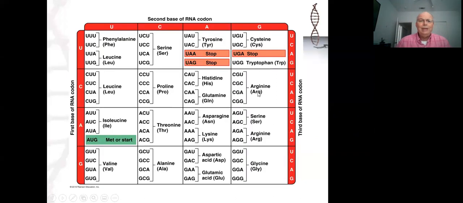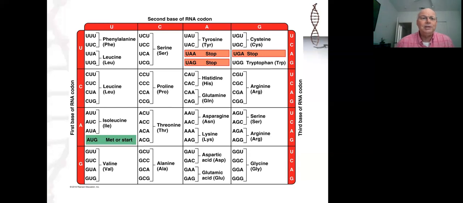Now, in your book, there is what I think is a neater way of representing this. This is the circular diagram of the genetic code. It's a lot easier to read than this table form, but this is the traditional form of representing the genetic code. And if you look at the nucleotides that are present, you'll see that there are U's present.